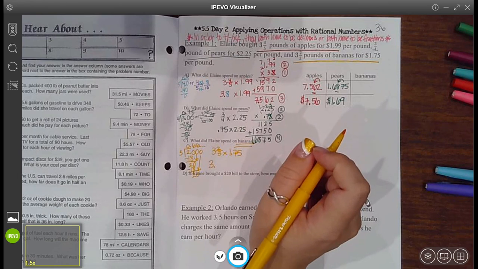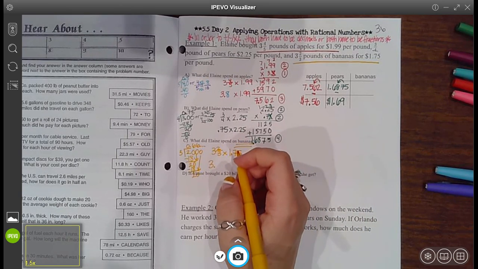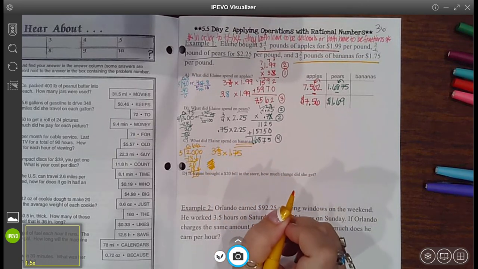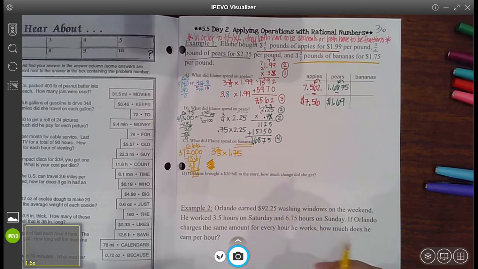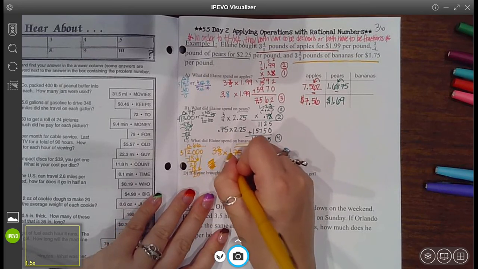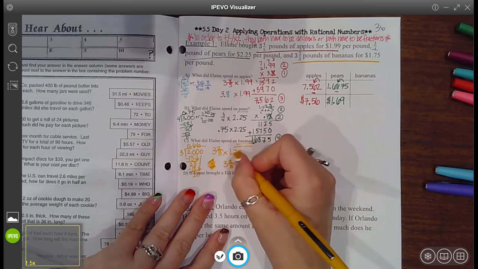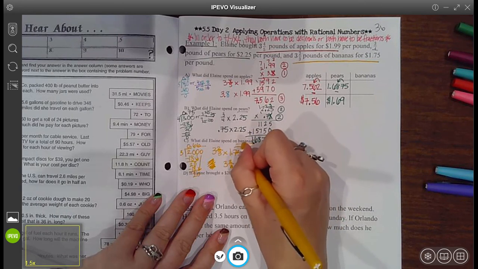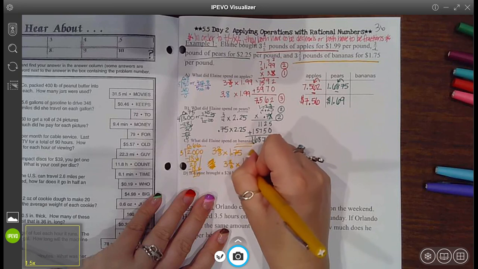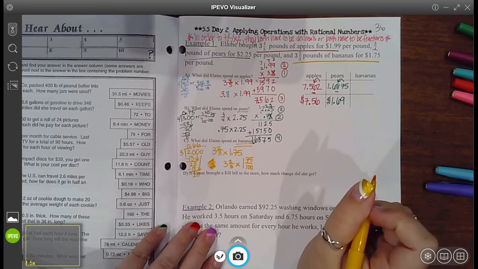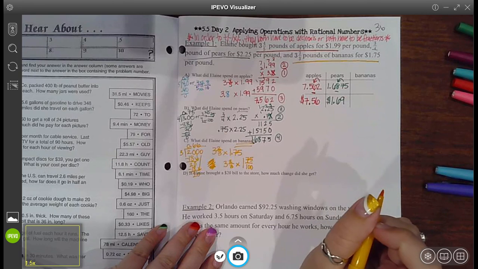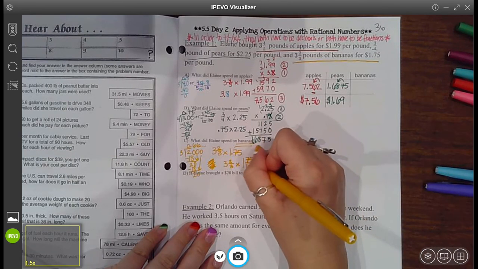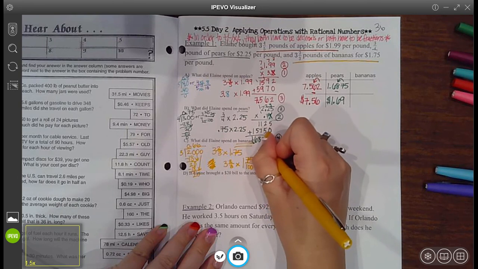So since it's a repeating decimal, instead of changing them both to decimals this time, it might actually be easier to change them both to fractions for this one. So this is already a fraction. Let's change the 1.75 to a fraction. That's 1 and 75 hundredths. When you're multiplying with mixed numbers, we need to change those mixed numbers to improper fractions.